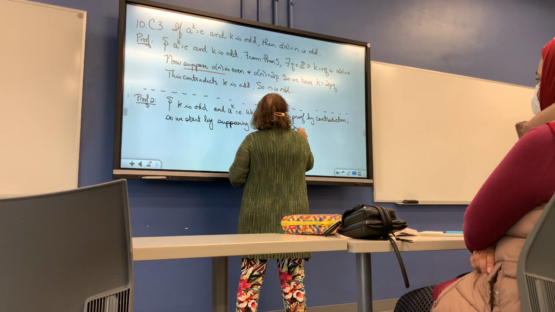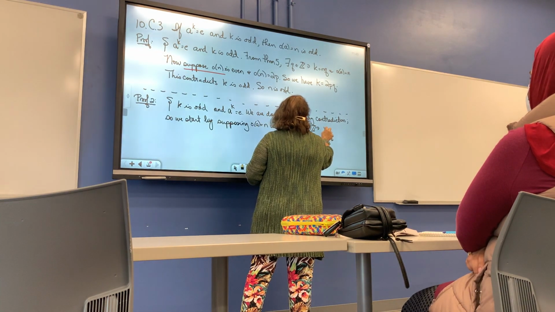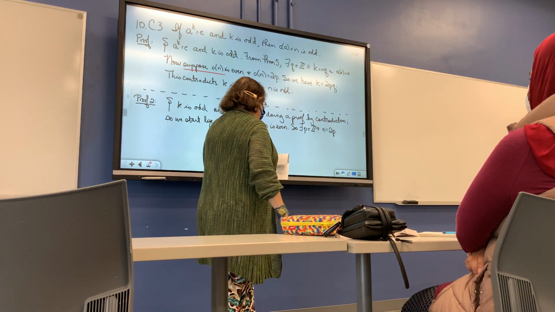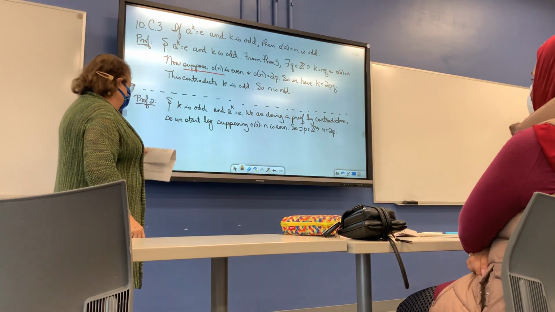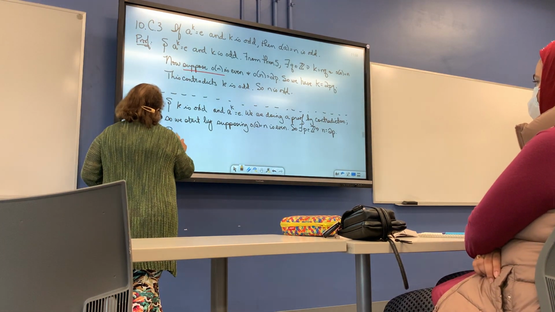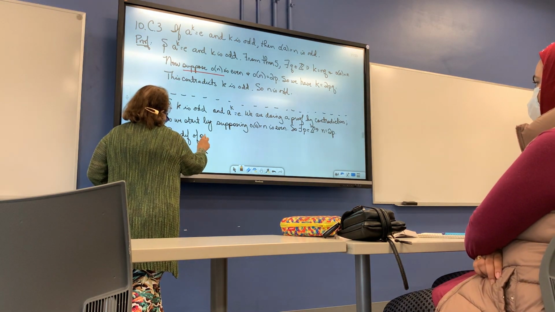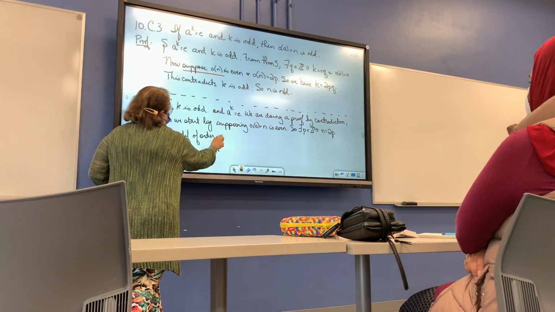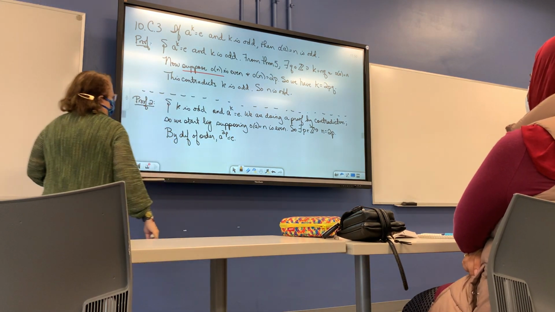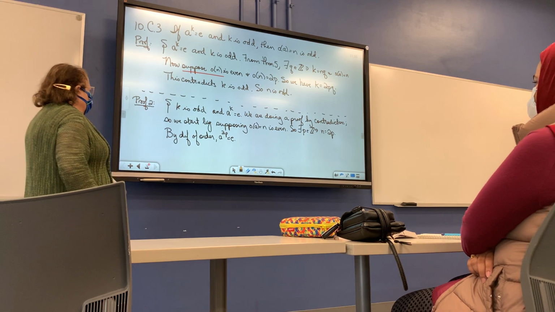So there exists a p in the integers such that n equals 2p. That's your definition of even. By part of the definition of order, a to the 2p equals e, because the order was n, n is 2p, so a to the 2p equals e.